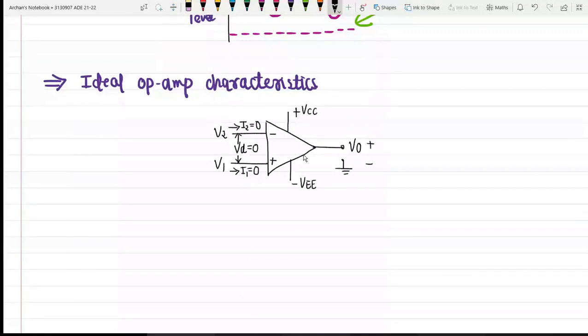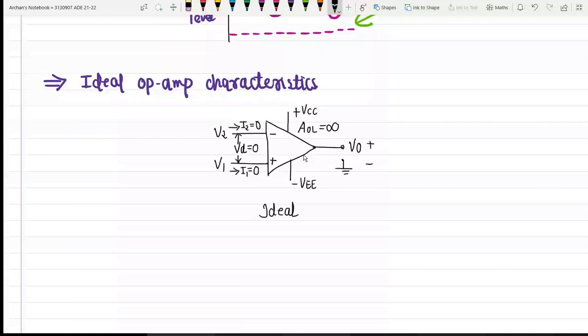In the amplification stage, what should be the amplified voltage? We will require the maximum amplification possible. So ideally, the open loop gain of this amplifier must be equal to infinite, and then we will get the maximum output voltage. This is the ideal operational amplifier.